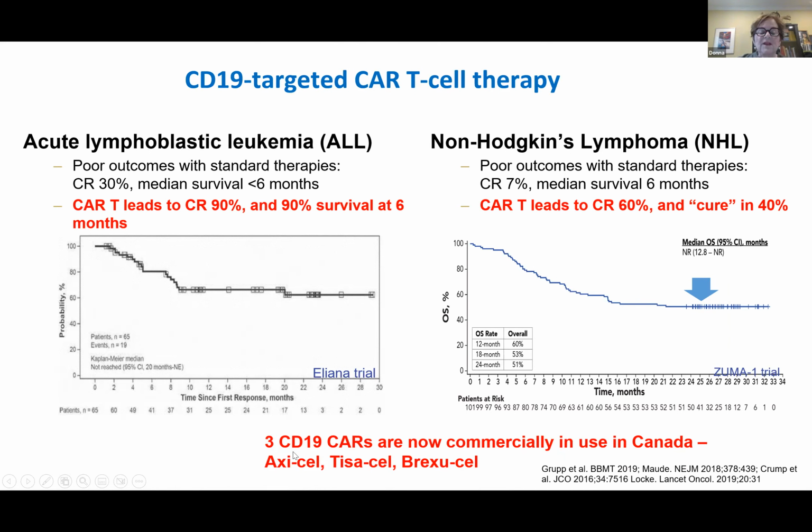And there are 3 of these CARs on the market in Canada. And that puts us at a bit of a disadvantage in myeloma, because these are diseases that have curative potential without CAR T. So they have a very different biology than myeloma, which is really a very stubborn disease.